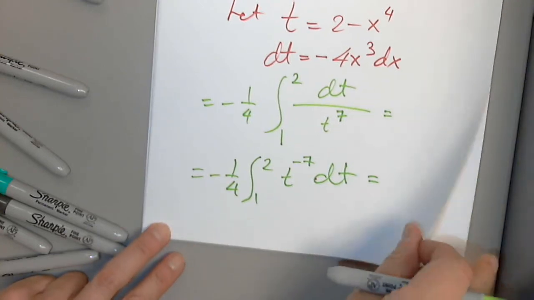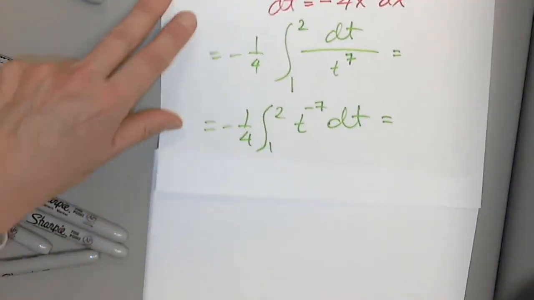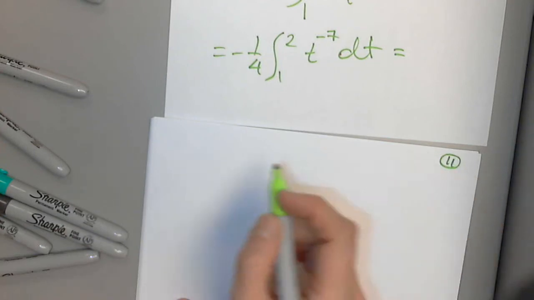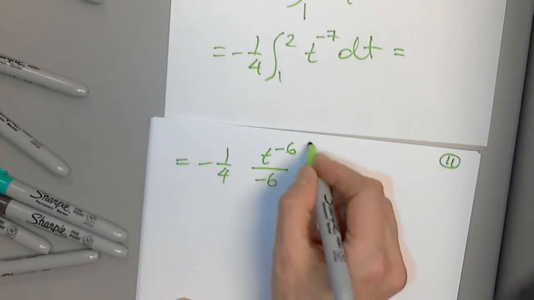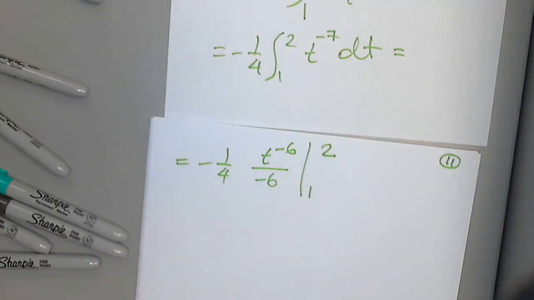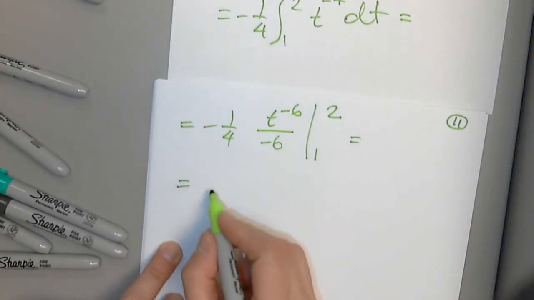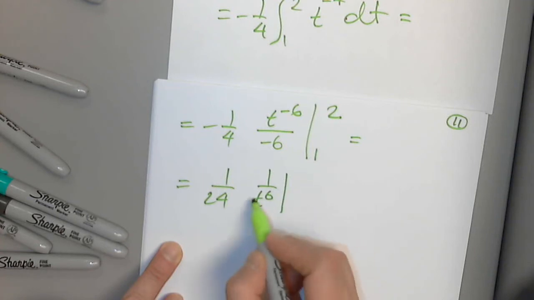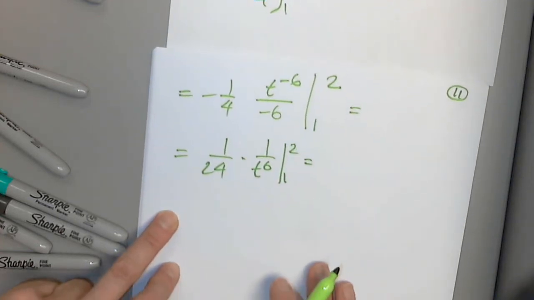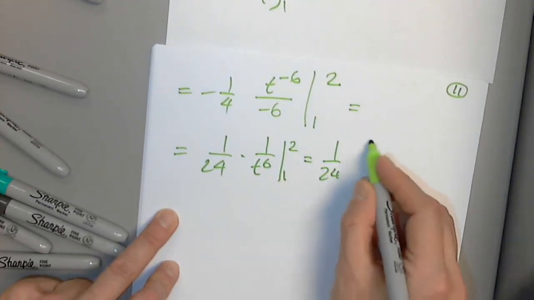What function prime is t to -7? -1/4, t to -6 over -6 from 1 to 2. -7 plus 1 over -7 plus 1. So then I have 1 over 24, 1 over t to the 6th from 1 to 2. 1 over 24 stays outside.